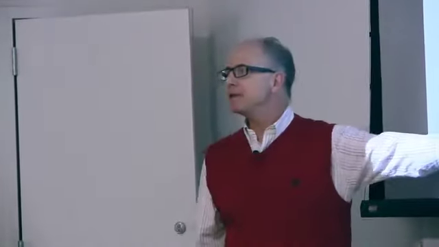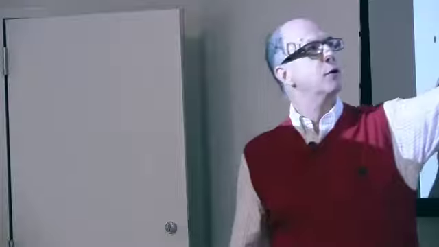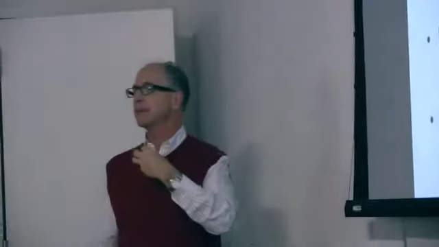Also, apical dominance is important here, because apical dominance is a function where usually the shoot or the meristem at the very tip of a shoot or a root dominates all the other meristems behind that. All the lateral meristems that might be back there, the buds along that stem, will be dominated by that.